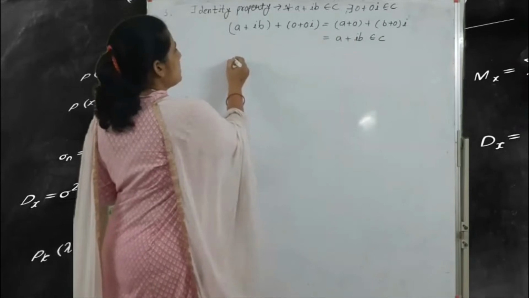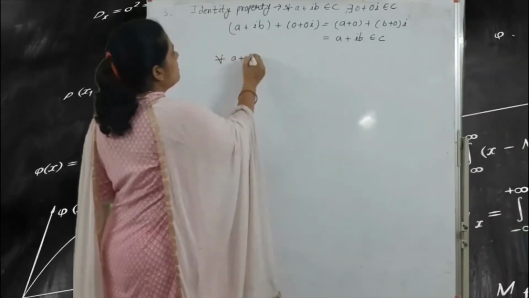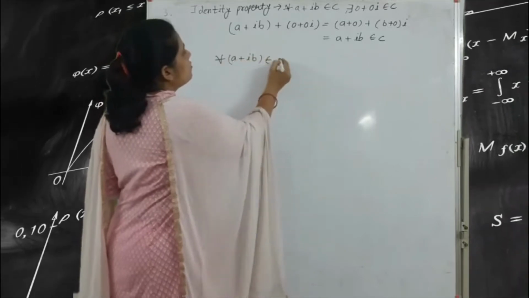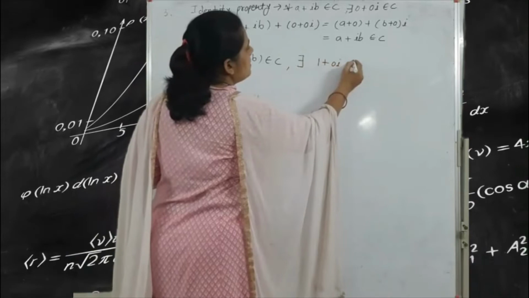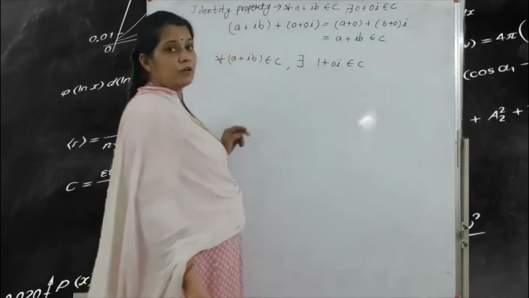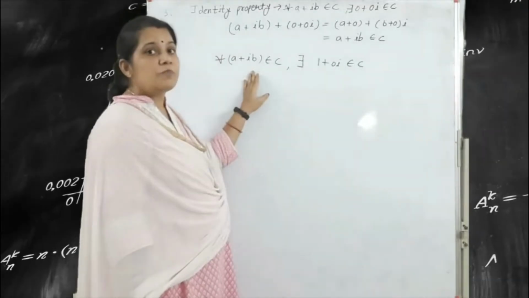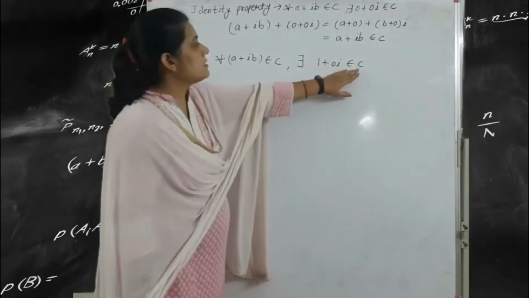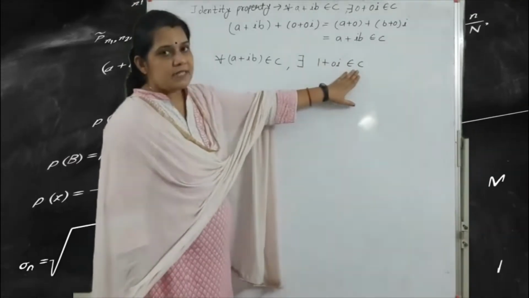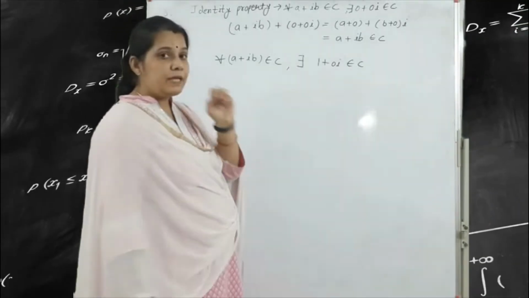Next one is multiplication. For all a + ib belonging to C, there exists 1 + 0i which also belongs to C. Here, with respect to multiplication, the identity element is 1, but since these are elements of the complex number set, we write it in the a + ib form.